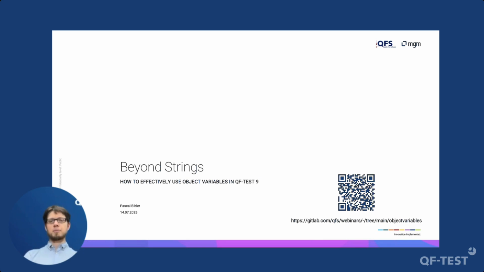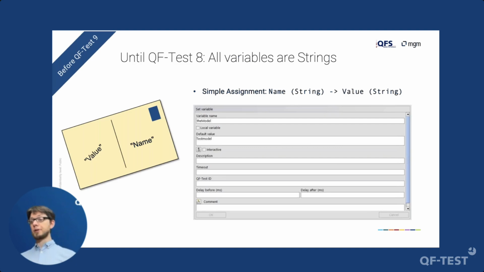So variables. What are variables? You all know. Variables are name-value pairs living on a stack. That means it's like on this postcard, there is some name, which is the name of the variable, which you use then when you, for example, use the dollar parentheses or dollar braces notation in your strings.